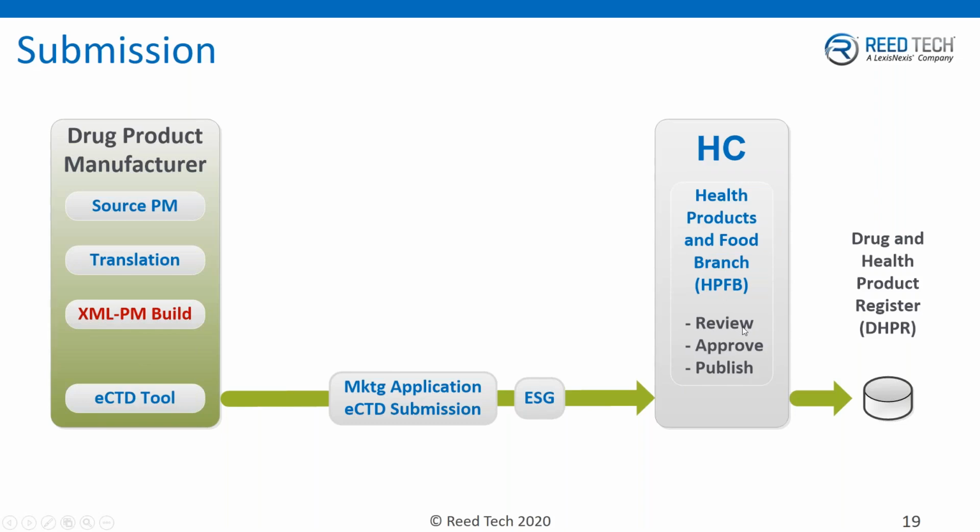And there's obviously the review of that package, changes based on that review, so you'd have to go through this process a second time, and then upon that final, generating both a French and English version and sending that in as a final eCTD. That eventually becomes published, and that document sits out on the Drug and Health Product Register.